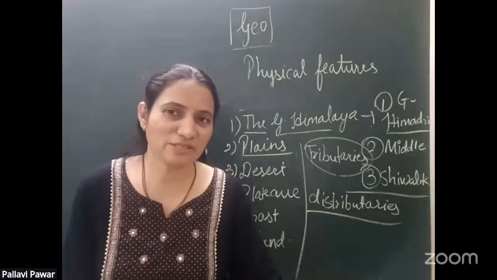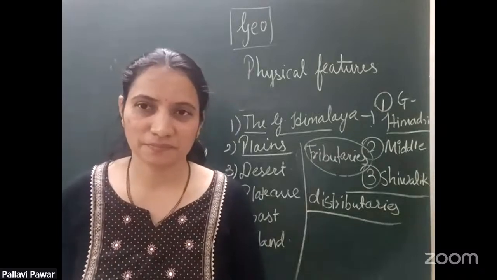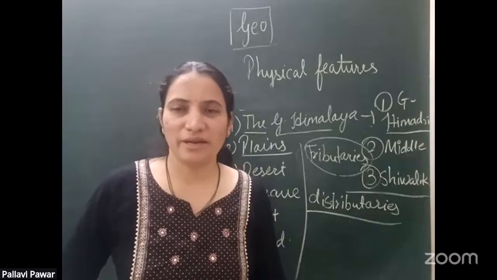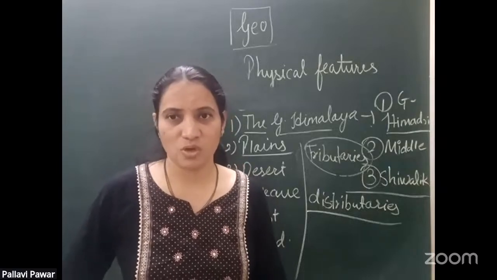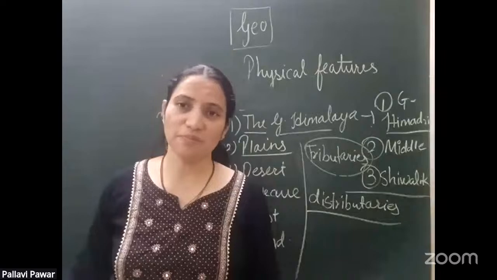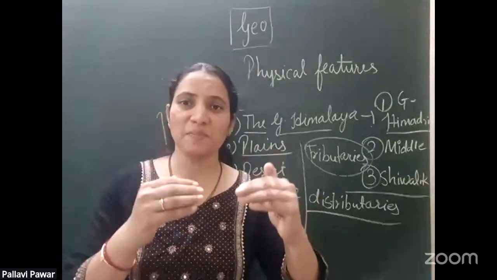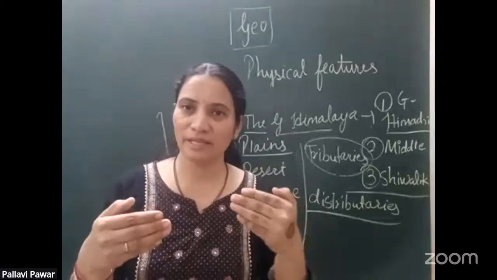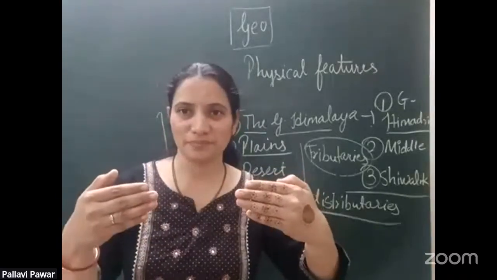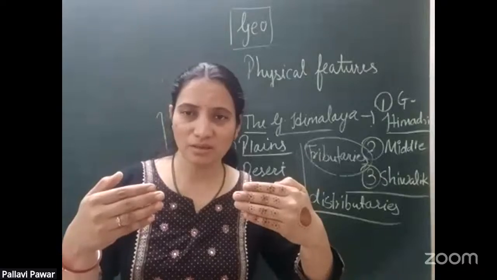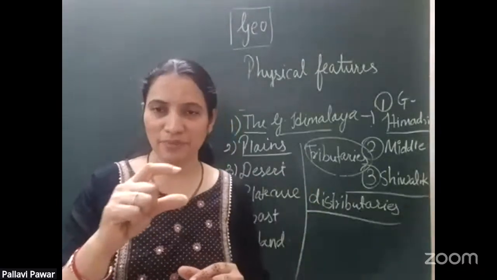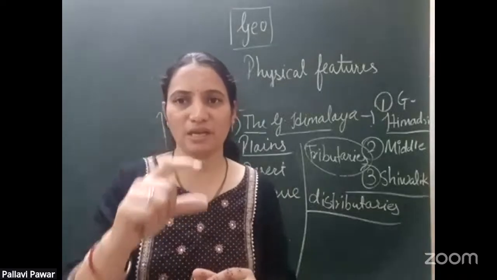Can you tell me where it is located? Yes, it is located in Sikkim. The most important thing about Sikkim is that it is called the sandwich between Bhutan and Nepal, two countries. Sikkim is a small state, so it becomes the sandwich.